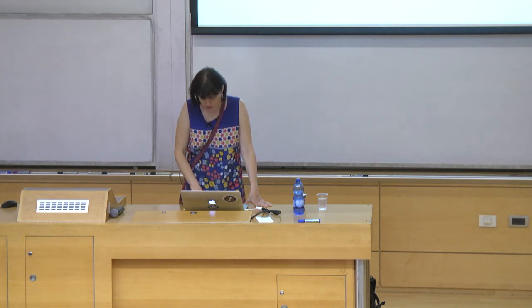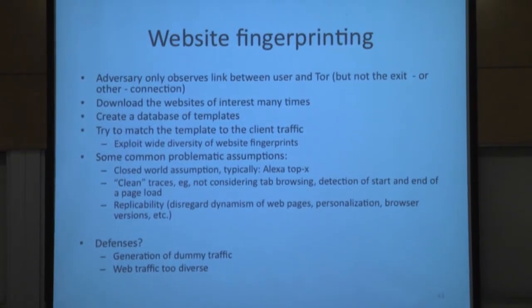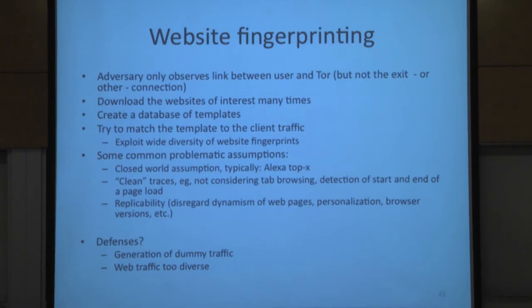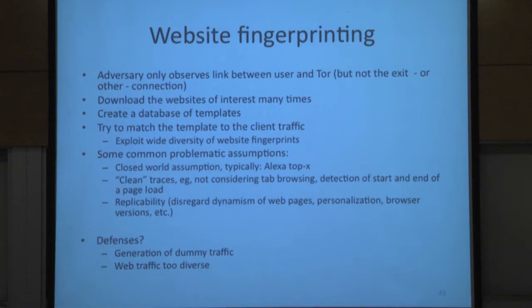So how to defend against website replicability? This is something that Tor really should be defending against. It's a local adversary, so there is no excuse, right? Currently, there is research ongoing looking into dummy traffic strategies to defend against website fingerprinting. On the one hand, web traffic is too diverse, so it's very difficult to make 2 pages look the same or to make 2 pages confusable with each other.